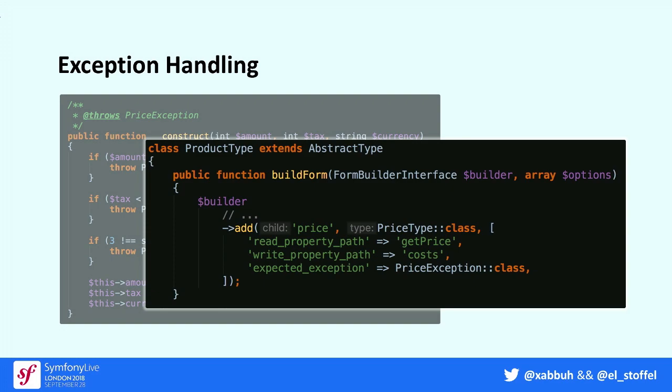So we can now make use of the expected exception option, which can receive one exception or a list of exceptions that might occur when you call the method that we specified using the write property path. So each of these exceptions here will be caught by the bundle and will be transformed into a nice error message.